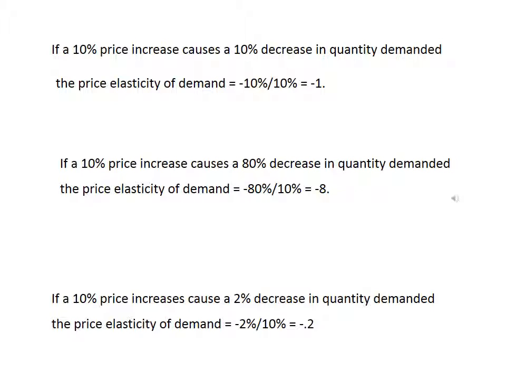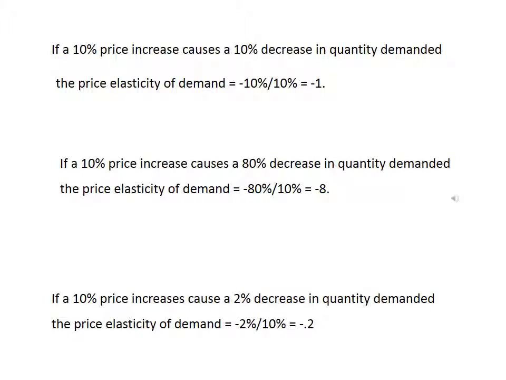Now in the final example, let's say a 10% price increase causes only a 2% decrease in quantity demanded. Now the price elasticity of demand is negative 2% divided by 10%, which is negative 0.2. That's the smallest.